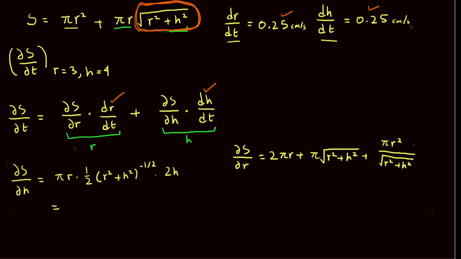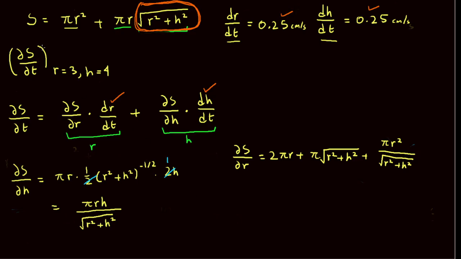So we can obviously cancel out this 2 and 2. It's 1, obviously, I know, but we can just forget about it, and we'd end up having pi r h over square root of r square plus h square. Okay, so that's your del S del H.